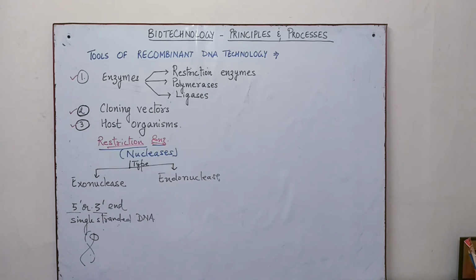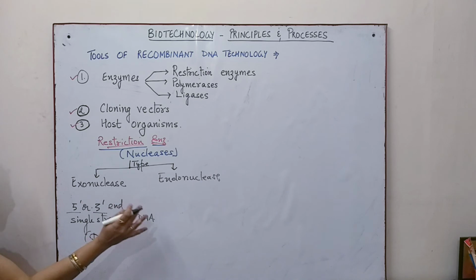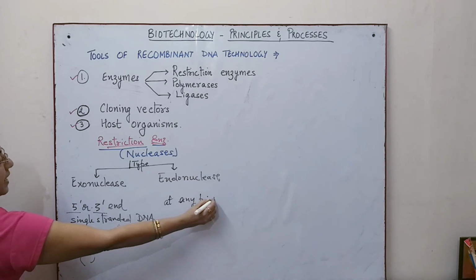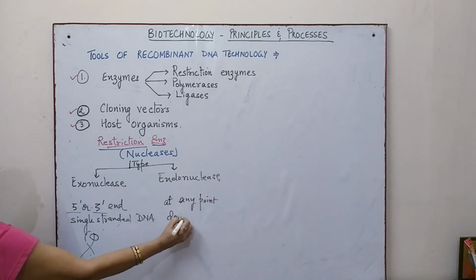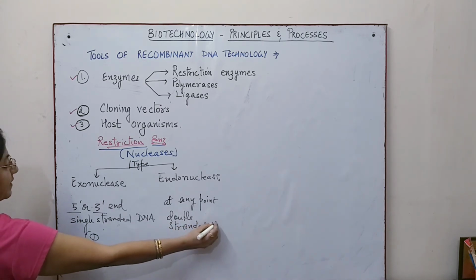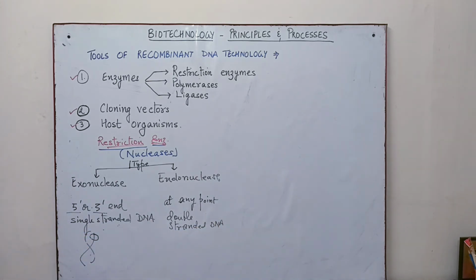Exonuclease is specific, either 5' or 3' end, and out of the double stranded DNA it can cut only one single strand. Endonuclease can cut at any point, and also they can cut double stranded DNA, except at the end. So they will not be cutting the nucleotide sequence at the end.